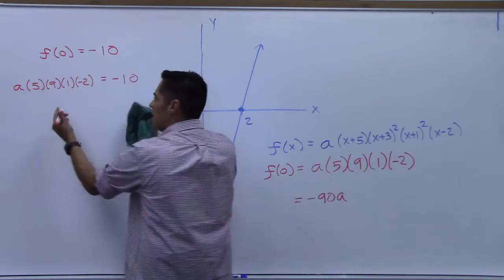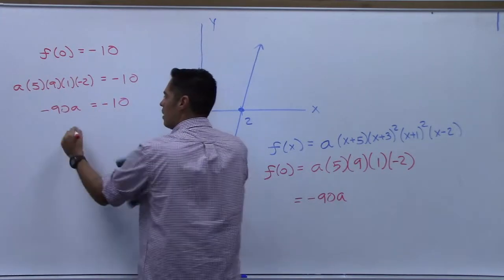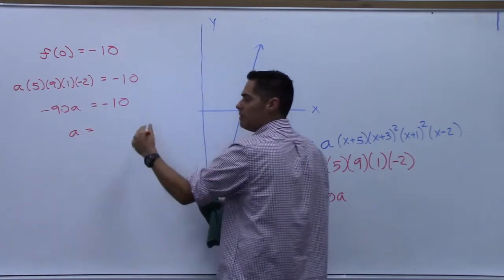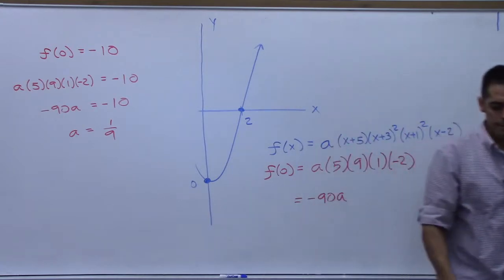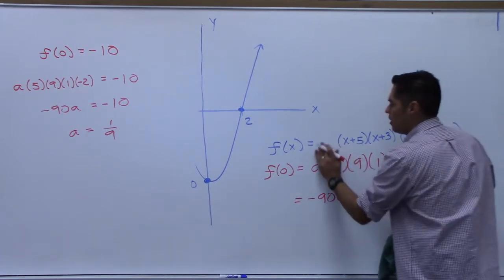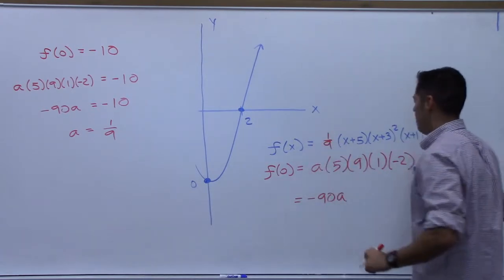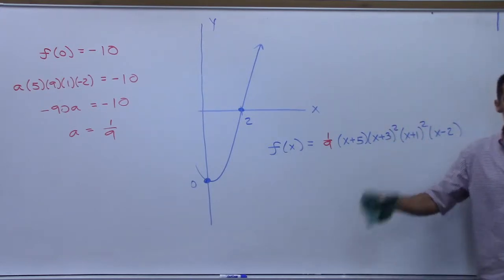So working down again, this is negative 90a, must be negative 10. And then keep working down, divide both sides by negative 90. You get 1/9. So a is 1/9. That okay? So if I come over here and I replace this with 1/9, then that would be a polynomial function that would represent that picture.